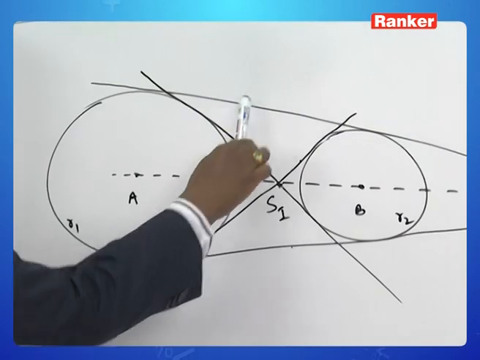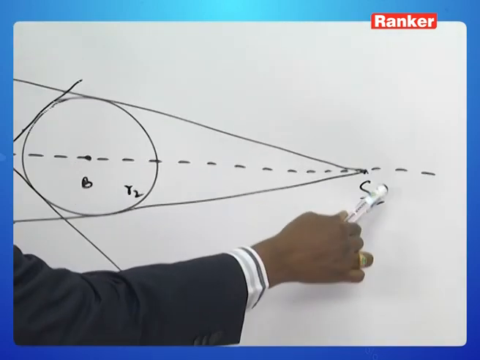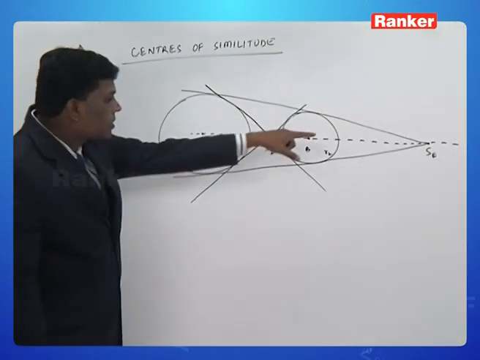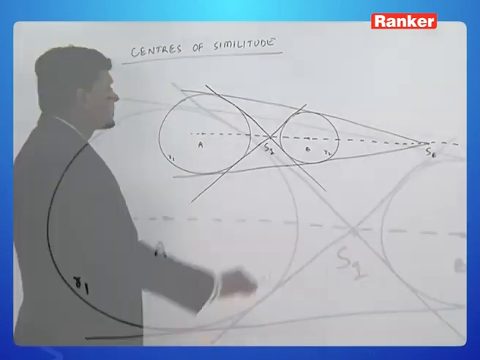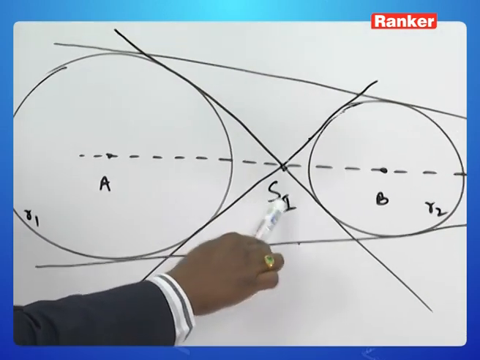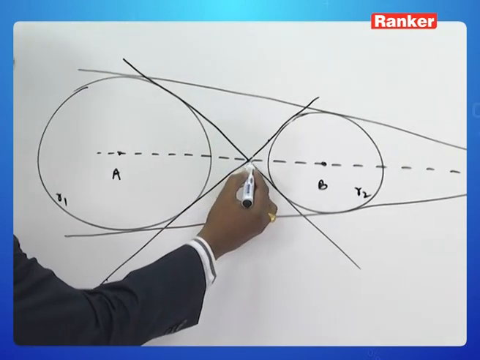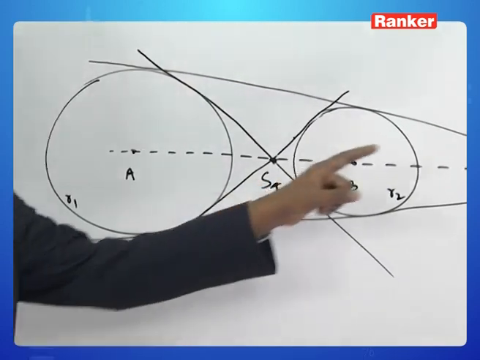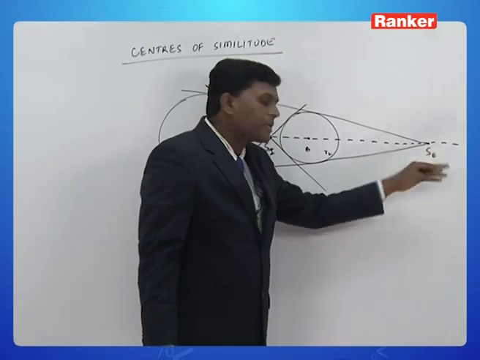When two direct common tangents intersect at this point, it is external to the centers, that is why it is called the external center of similitude, and similarly this point is called the internal center of similitude. Here we can notate them simply as SI and SE: I stands for internal center of similitude and E for external.